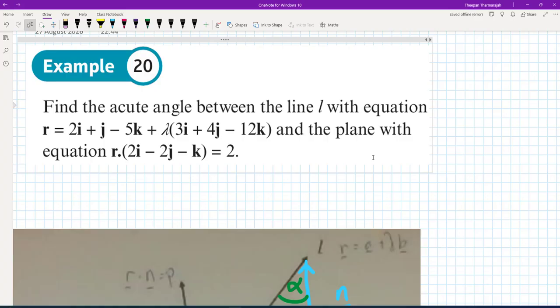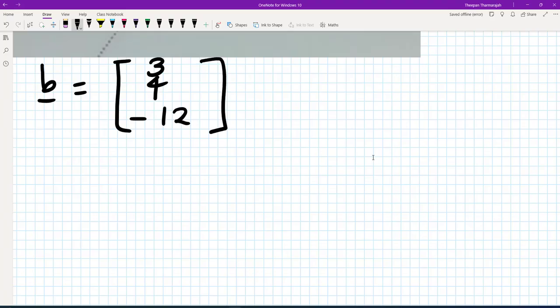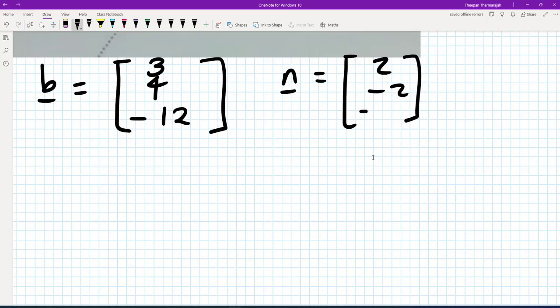We're going to start off by writing down what b is, which is the direction vector of the line, hence 3, 4, minus 12, and the normal vector n, which we get from the equation of the plane, which is 2, minus 2, and minus 1, respectively.